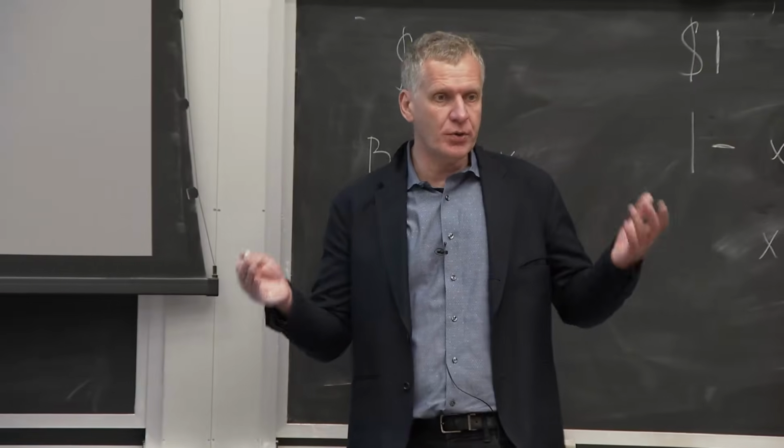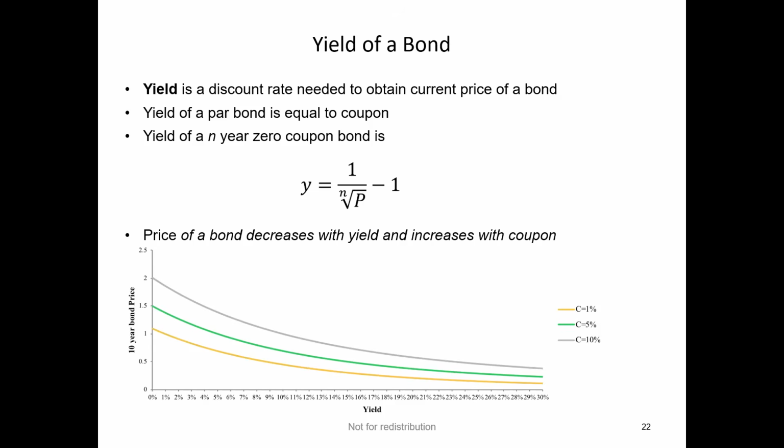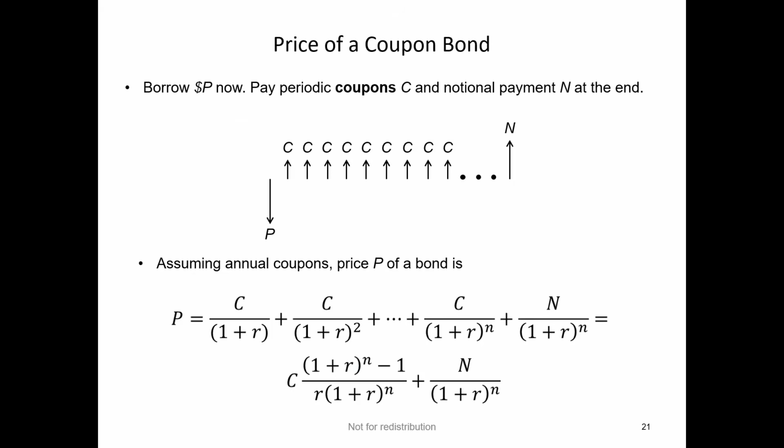Bonds of different coupons will have different prices. So what turns out to be a more convenient measure to compare bonds and various fixed income securities is yield. And yield is such a constant interest rate which by this discounting gives you the market price.